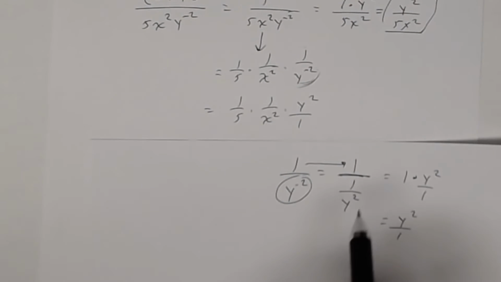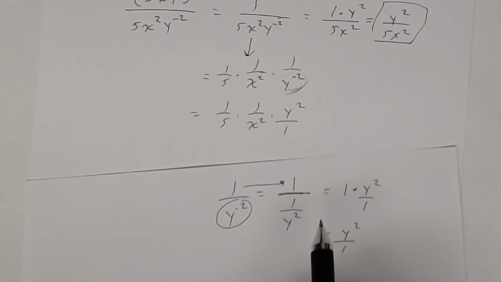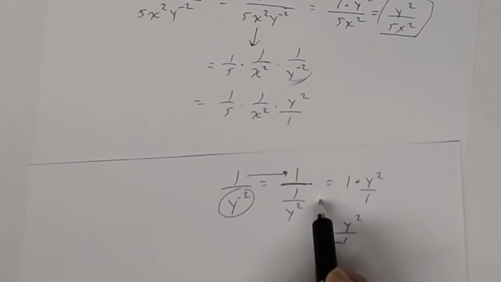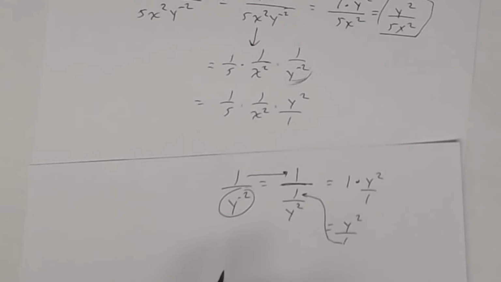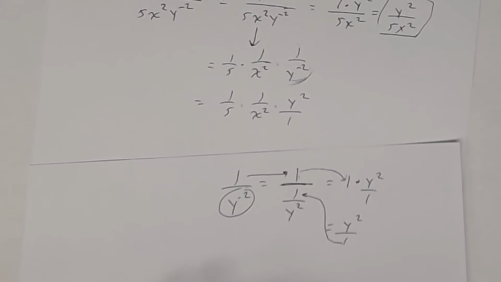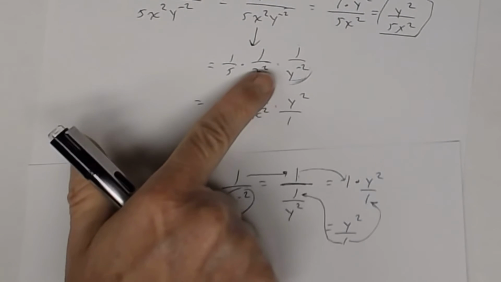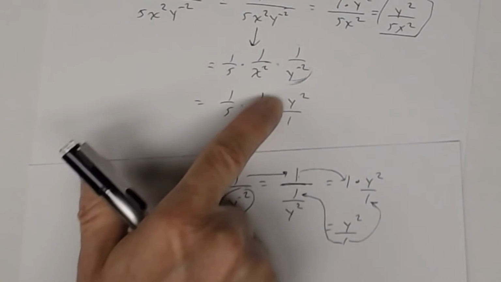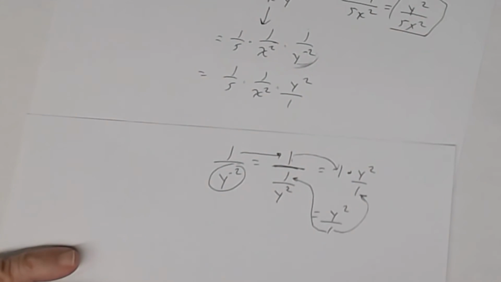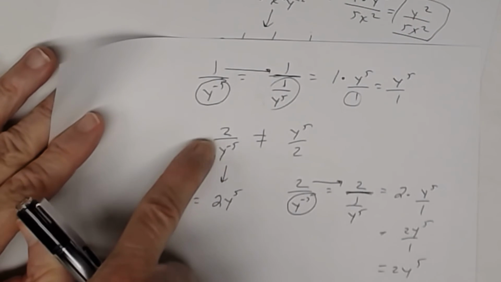So this 1 here is this 1 which came from this, not this. Okay? All right, it's important you see this. See, this 1 is this right here. So be careful. Don't think that this right here is the reciprocal of this. That brings us back to what we saw here, right?